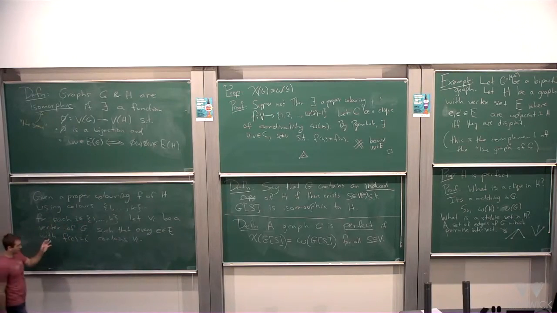We can do this because, as we've pointed out, a stable set in H corresponds to a bunch of edges that all share some vertex, and we're just letting v_i be that vertex.